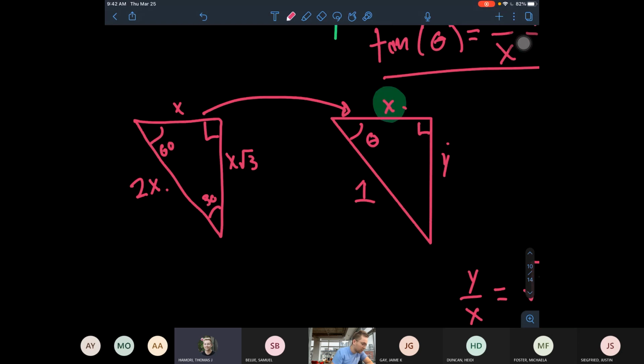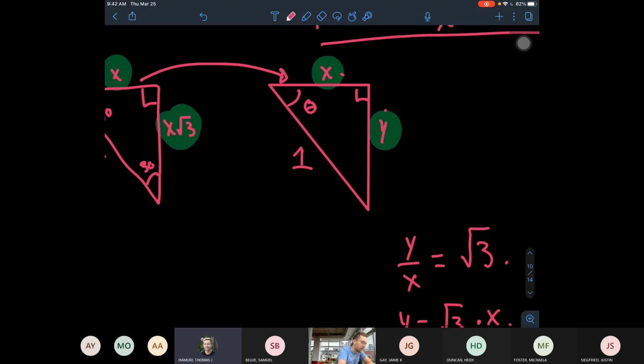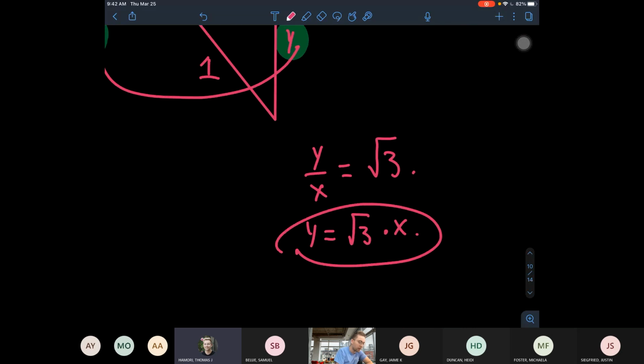I know that the relationship in my triangle on the right-hand side has the same relationship between x and y as this triangle has between x and x times the square root of 3, because these two things, x times the square root of 3 and y, are equal.